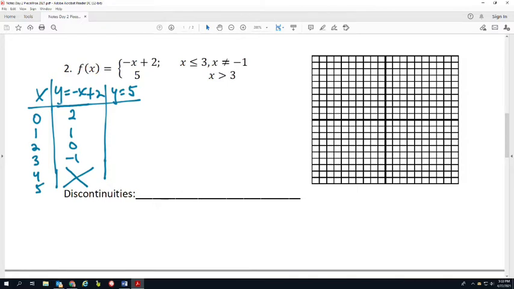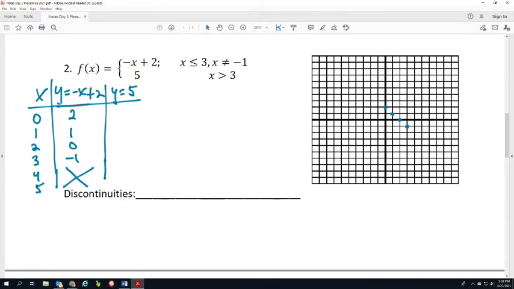So let's graph those points. And it's equal to at 3, so that's going to be a closed circle at (3, -1). So I have a closed circle right here. At (2, 0), I have a point. At (1, 1). At (0, 2). And then I'm going to keep on going.